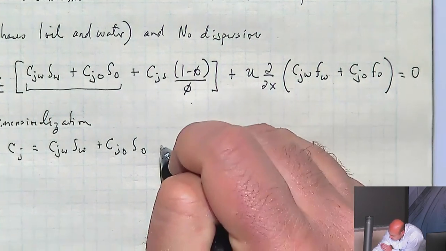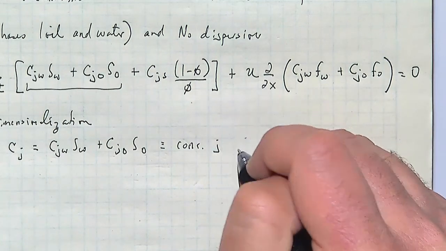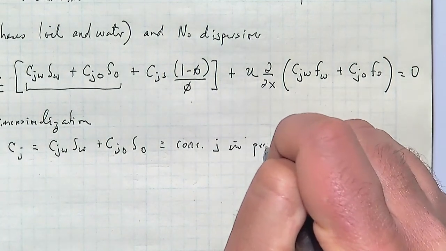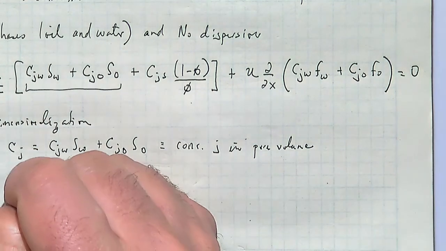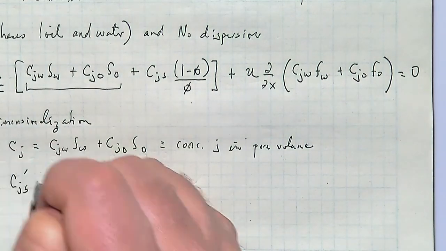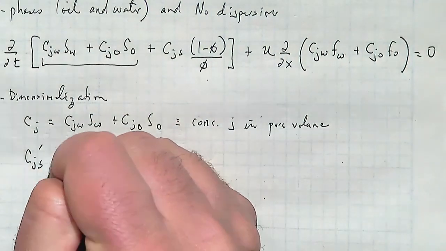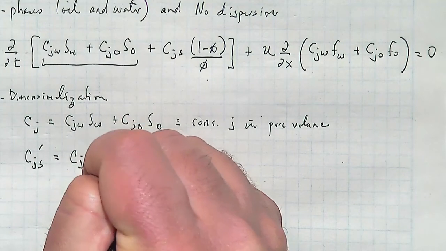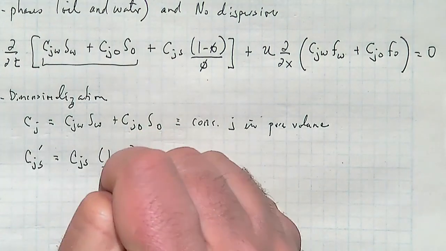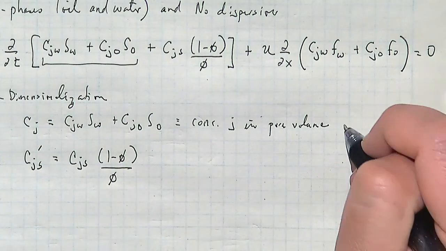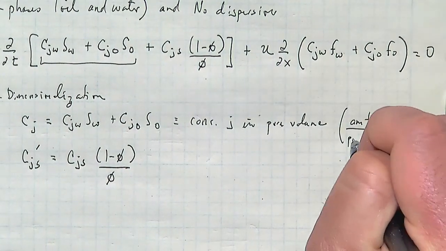And this is the concentration of J in the pore volume. I'm going to define Cjs prime. Cjs prime is Cjs times 1 minus phi over phi. And this is going to have units of amount per pore volume.